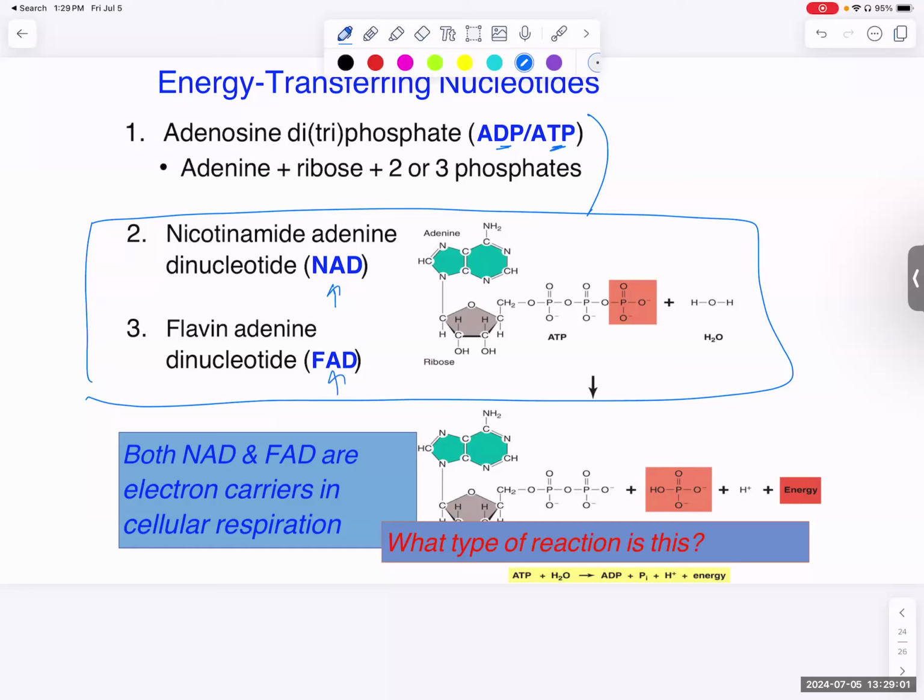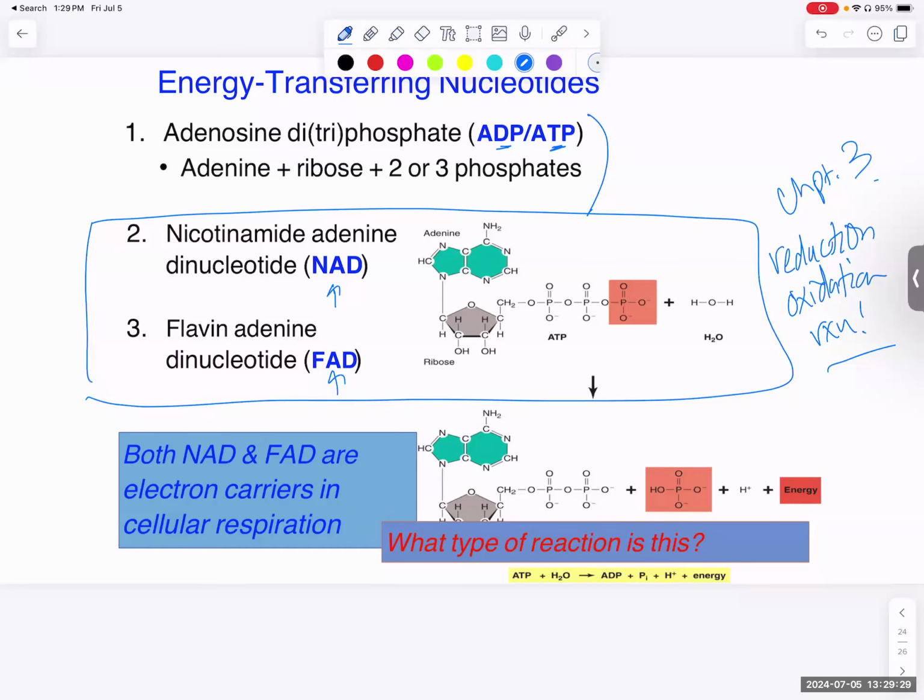NAD and FAD do reduction, oxidation reactions. And we're going to talk about this again, chapter 3, cellular respiration. So important to have NAD and FAD to basically move electrons and protons. That's really what oxidation and reduction is.